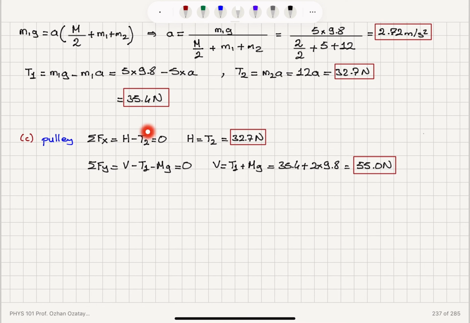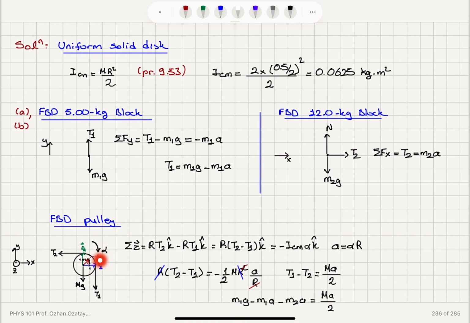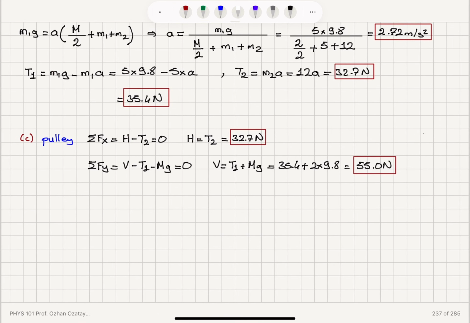So by plugging in T1 and T2, I can find these horizontal and vertical components of the force of the axle. And because this force is exerted on the pivot point, it has no torque effect. It would only have translational effect, but we have an equilibrium situation, so net force on the x and y axis should be 0.